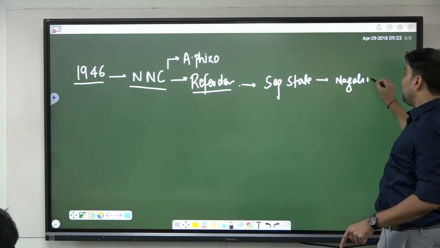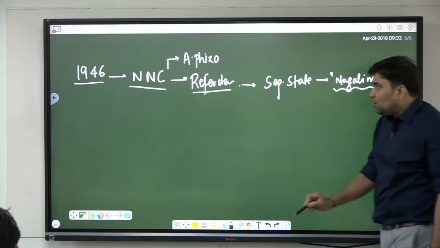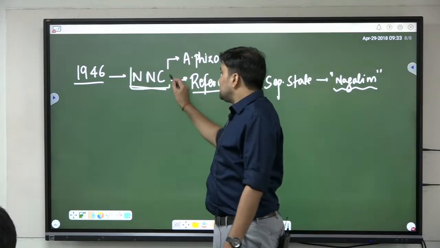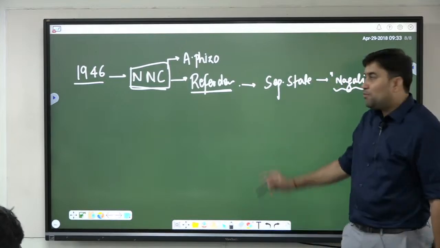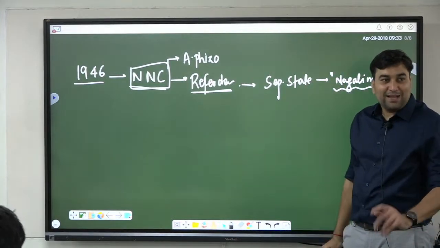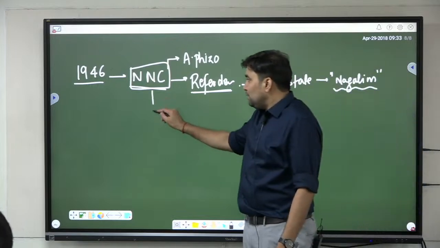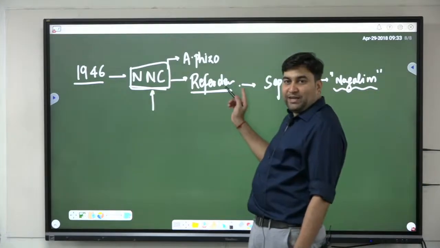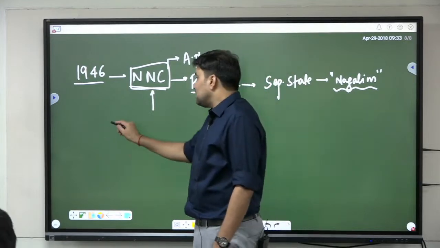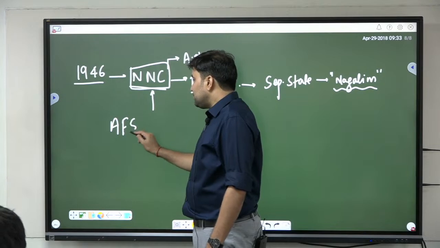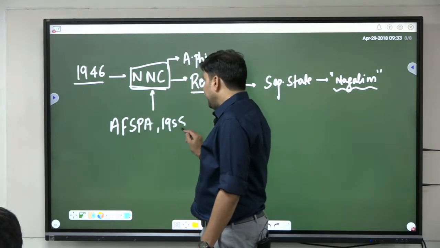All of them wanted to establish Nagaland. Correct? Now, because of this resolution and this referendum, a separate government was formed by this NNC. Where? In Nagaland. Right? To curb this separate government, the Government of India enforced the Armed Forces Special Powers Act, 1958.